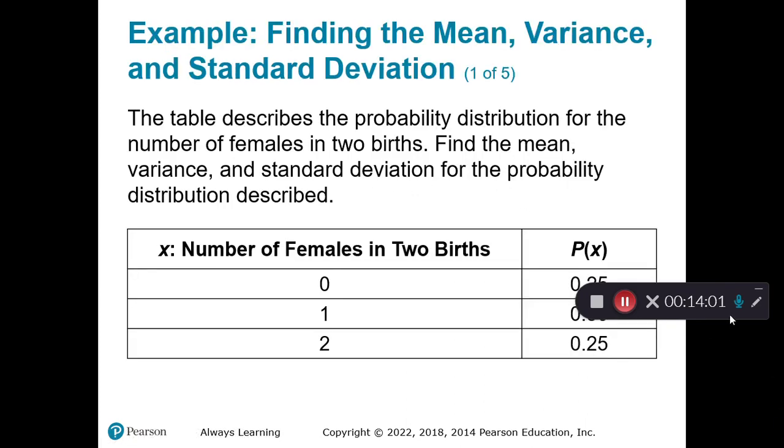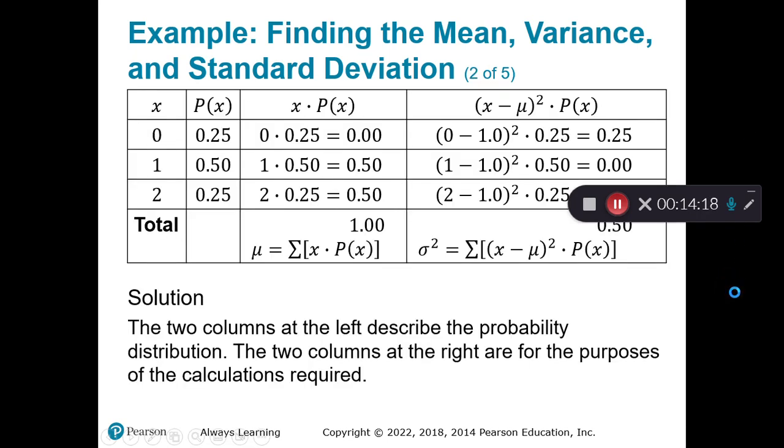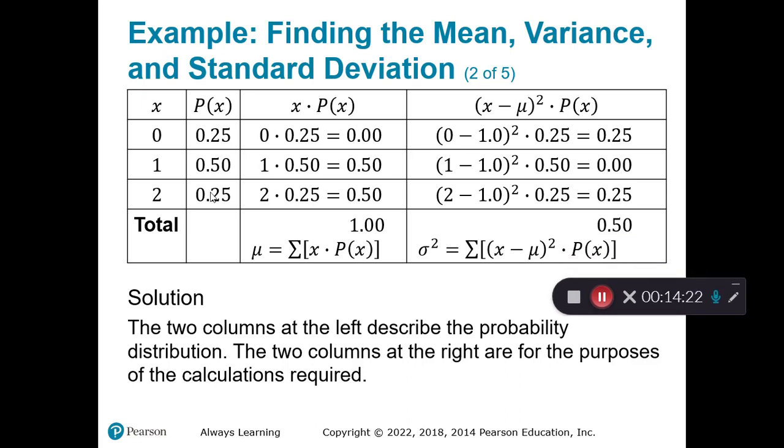All right, let's take a look at the example that we introduced earlier with having two births and having X count the number of females within those two births. We saw this probability table earlier in this lesson. If I wanted to calculate the mean of this distribution, I would follow the mean formula, which asks us to multiply each X value by its corresponding probability.